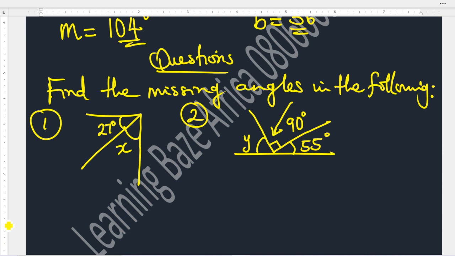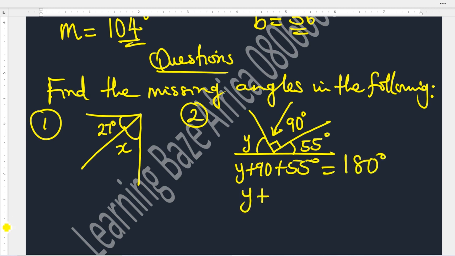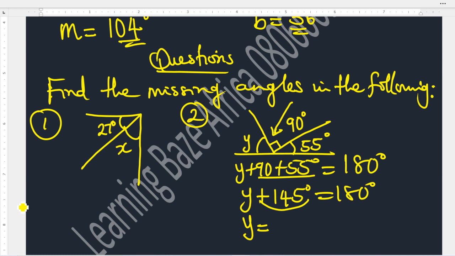So you were supposed to add y, 90 and 55 together. Everything sums up to 180 degrees. So that will be y plus 90 plus 55, which is 145 degrees, equals 180 degrees. So y is equal to, plus 145 crosses the equal sign to the right side.